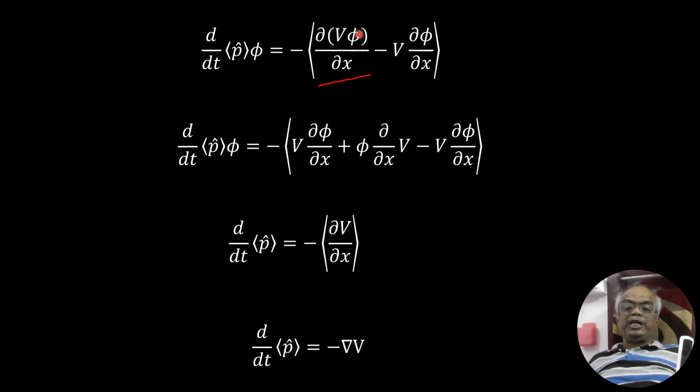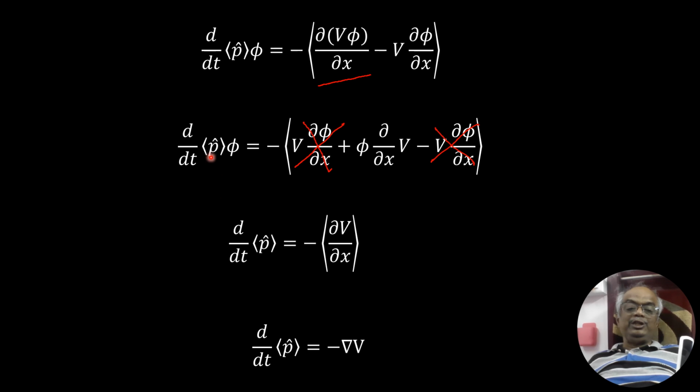Then you keep ψ as it is and differentiate V, so this will become ψ ∂V/∂x. The third term is as it is, V ∂ψ/∂x. You compare the first and third terms: both are equal and of opposite sign, so they get cancelled. And also you can remove this ψ from both sides.